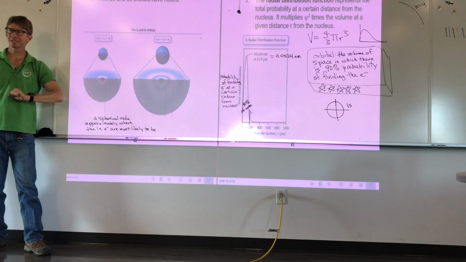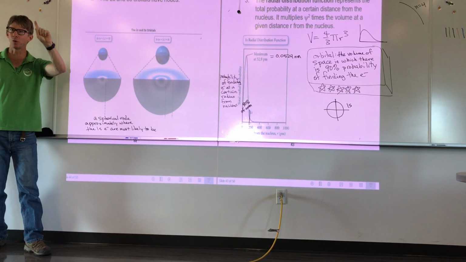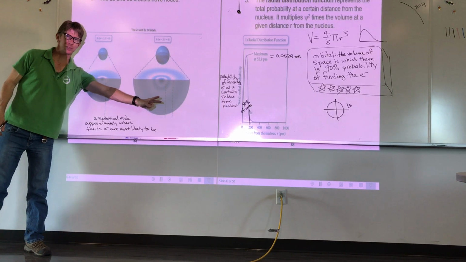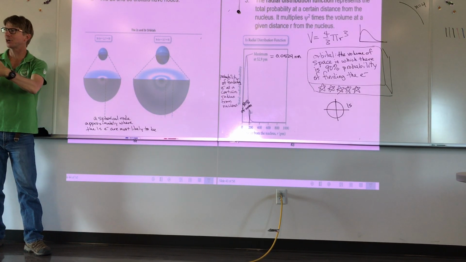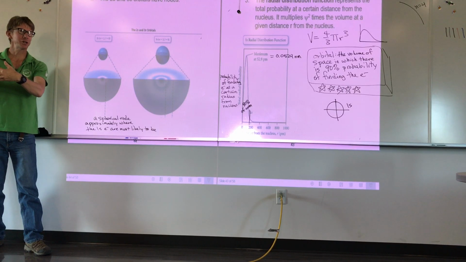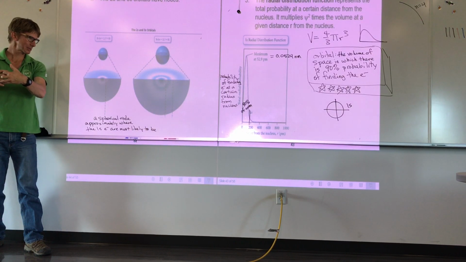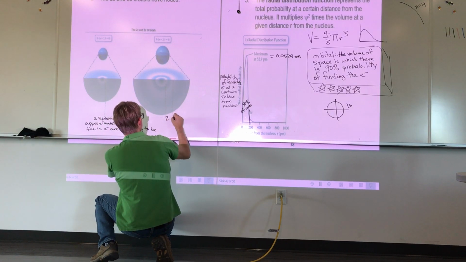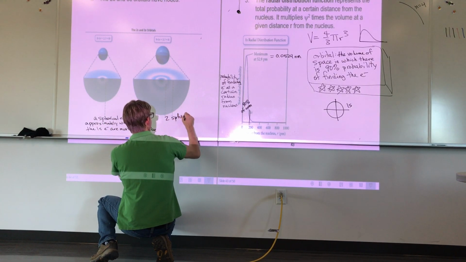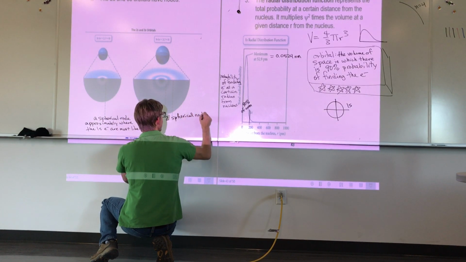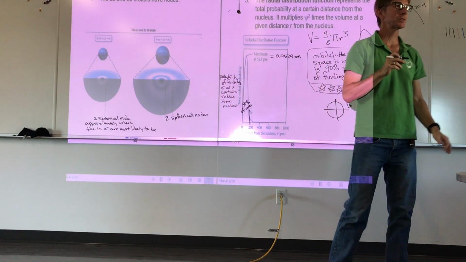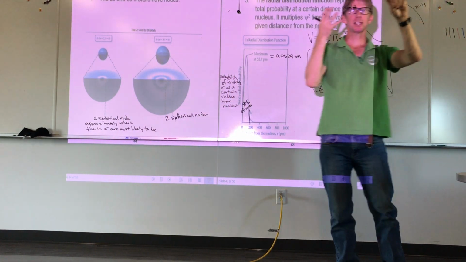And in 3s, there's 2 nodes. One where the 1s electrons are, another where the 2s electrons are. That way the electrons are as far apart as possible, even though they're in the same volume of space. Two spherical nodes where the 1s and 2s electrons are.